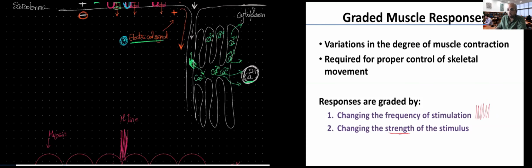How strong is the stimulus I am sending to the muscle? So two main factors will affect the grade of the muscle contraction. First is the frequency of stimulation, how fast the stimulation is taking place to the muscle. And the second factor is the strength of the stimulus.